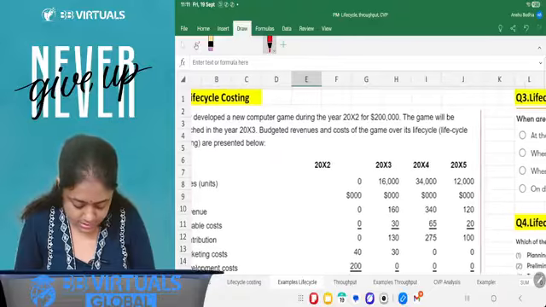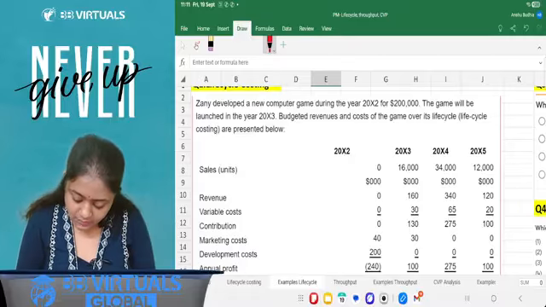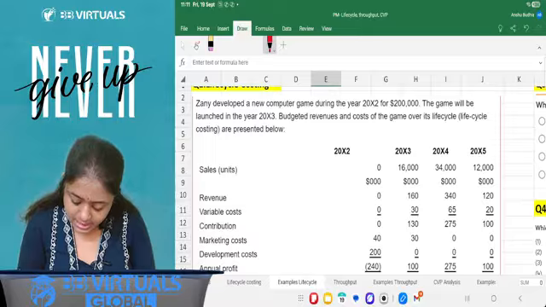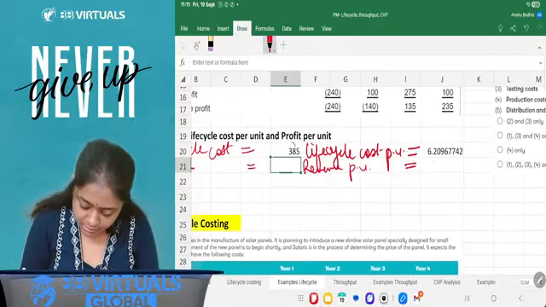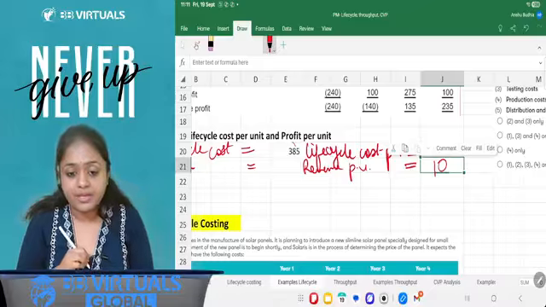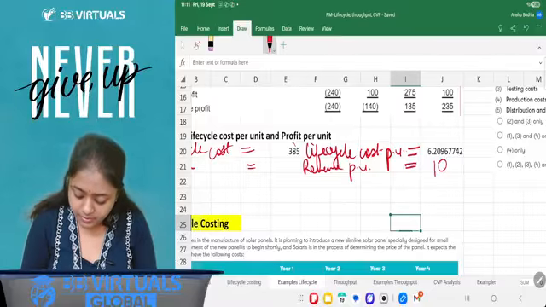Now we'll take the figures in thousands. So total revenue is 160 plus 340 plus 120, which is incidentally 10 per unit, because this is exactly the same. So revenue is 10 per unit. Now your revenue is 10, your cost is 6.2.